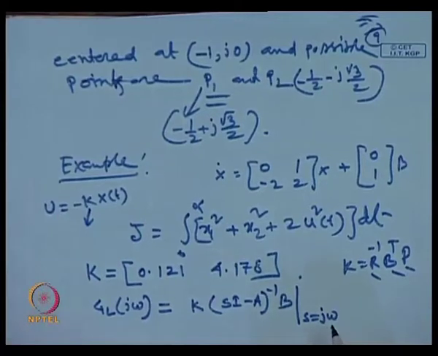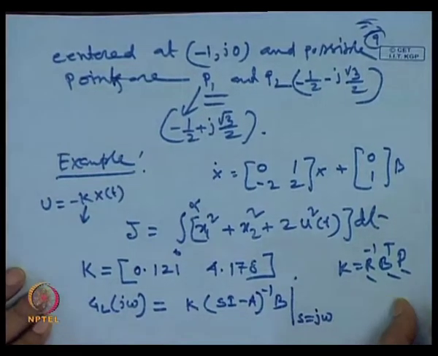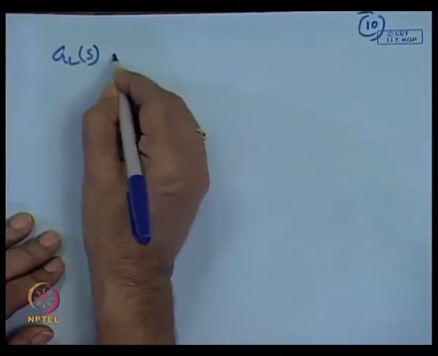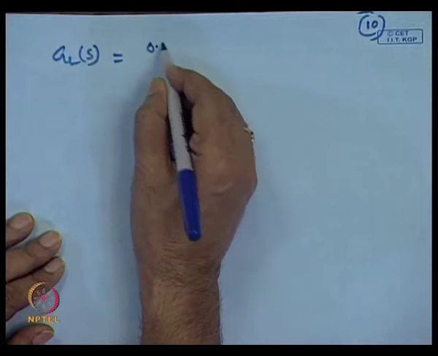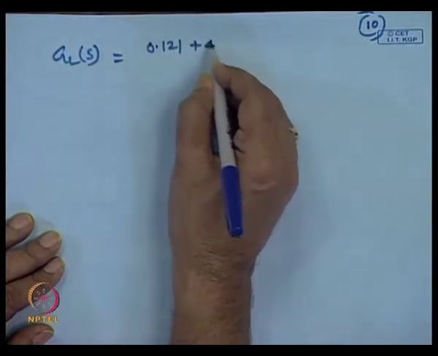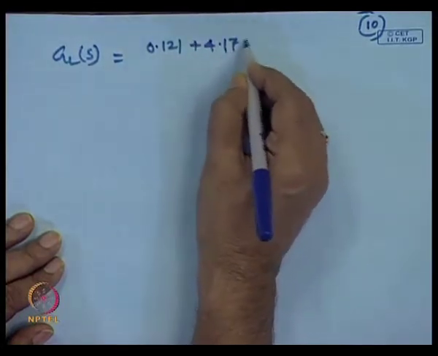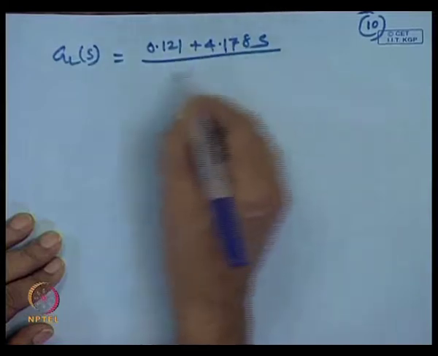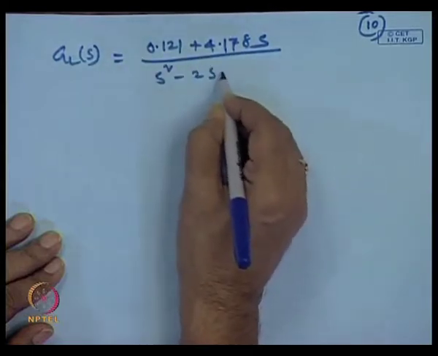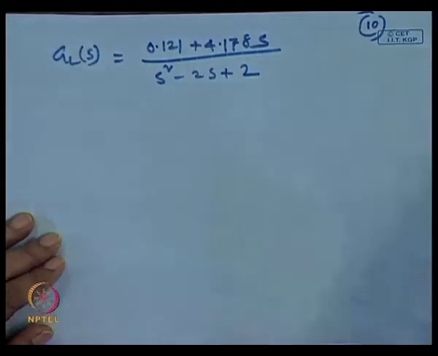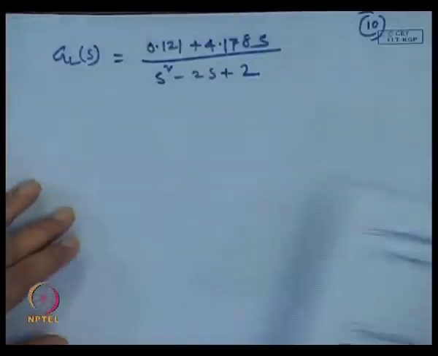Doing this, I am getting GL(s) as 0.121 plus 4.178 s divided by s square minus twice s plus 2.